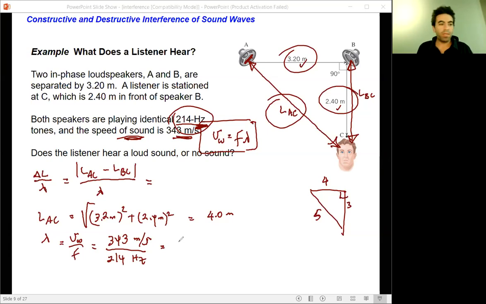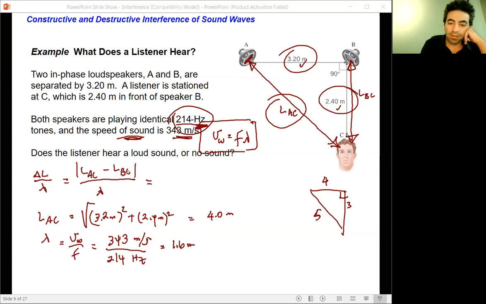Hey Siri, help me out. 343 divided by 214. 1.6. 1.6 meters. So that's the wavelength. About, I don't know, maybe 5'5" or something like that. Anyways, that's the wavelength.